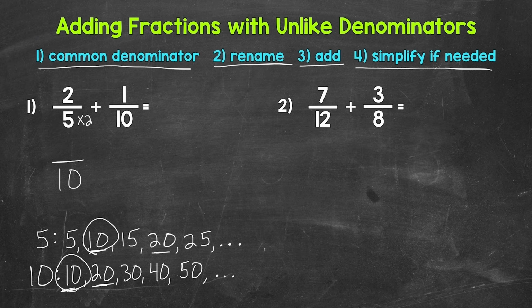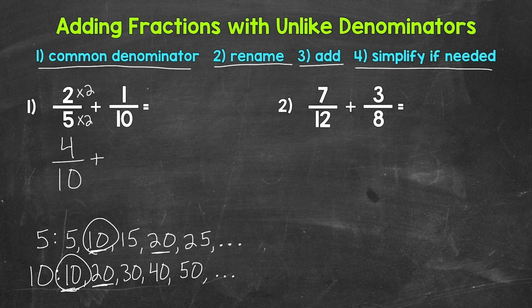Whatever we do to the denominator, we must do to the numerator in order to keep this equivalent. So we need to do 2 times 2, and that gives us our numerator of 4. So 4/10 is our renamed fraction, and this is an equivalent fraction. So we're not changing the value of anything here.